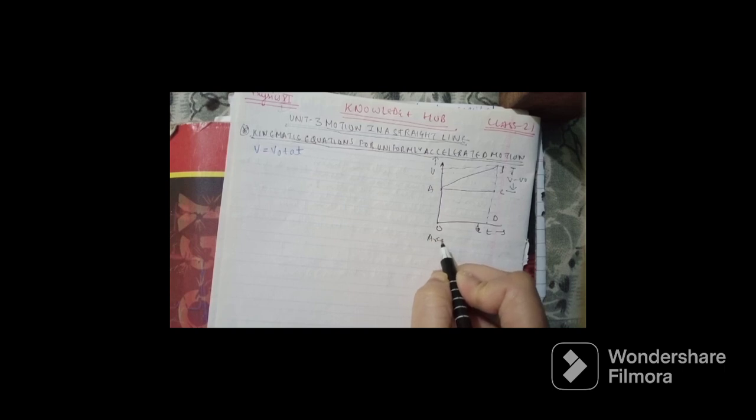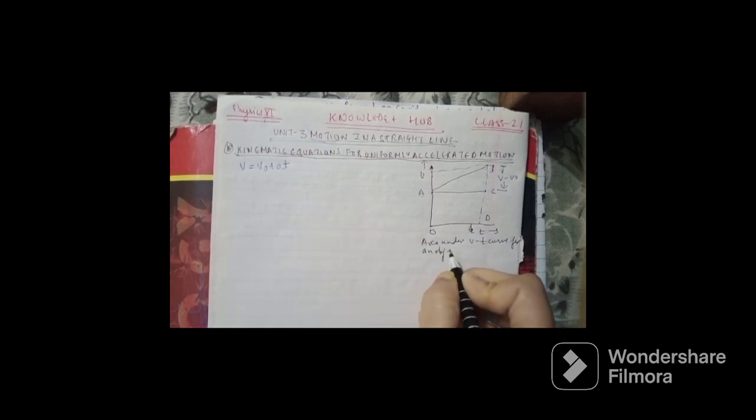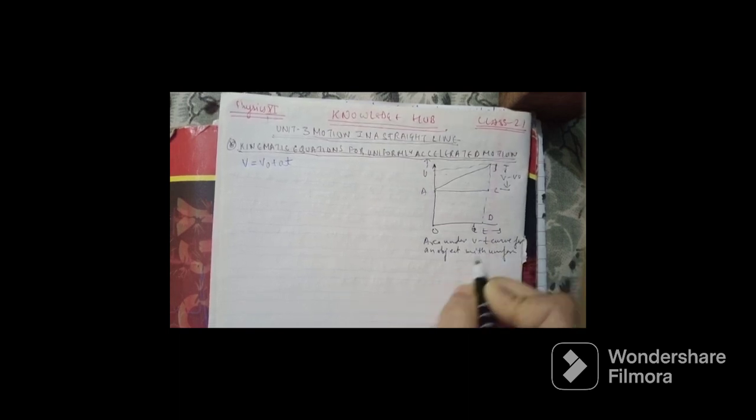Okay, and this is the area under the v-t curve for an object with uniform acceleration.